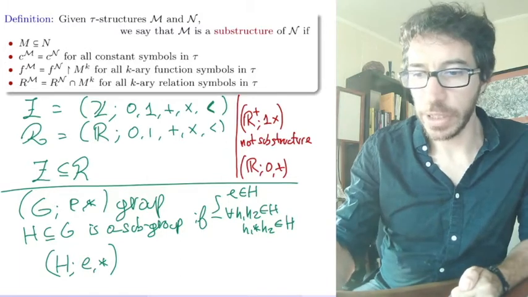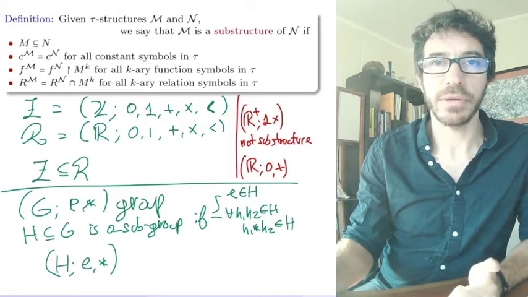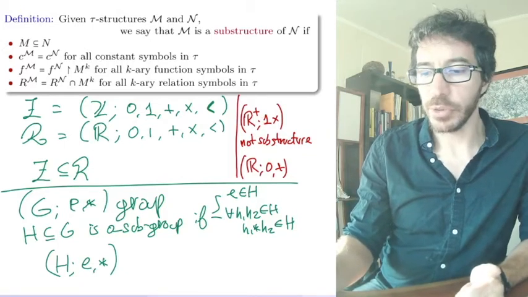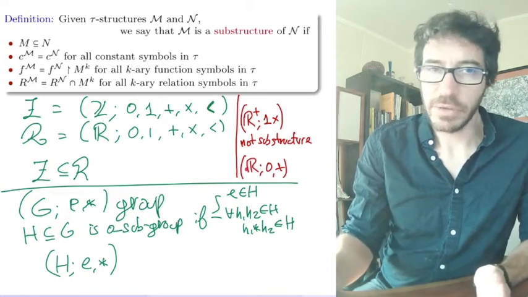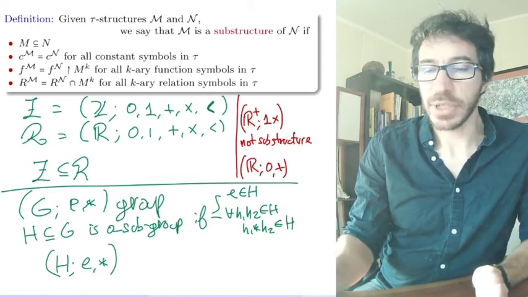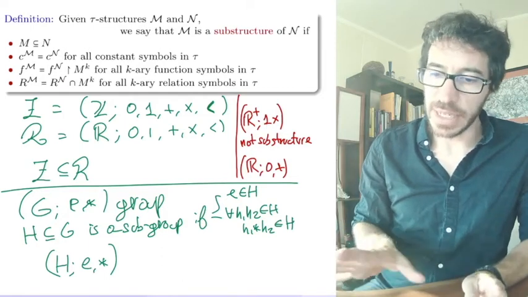Well, for two reasons. One is that the identity element is not the same in both. That's necessary. And also, the operation is not the same in both. So it's not a substructure. Even though it's definitely a subset, it's not a substructure if it doesn't have the same operations. Okay, so that's what a substructure is.